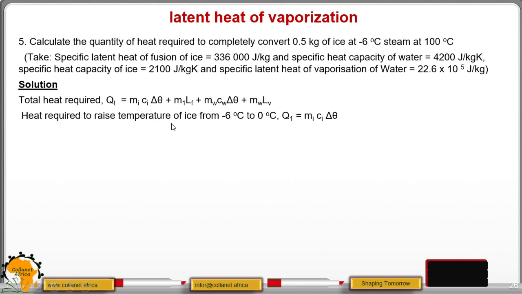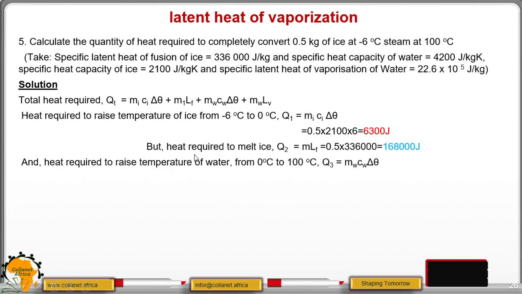Now, the heat required to raise the temperature of ice from -6 to 0 degrees will be given by Mi, that is the mass of ice, times the specific heat capacity of ice, times the change in temperature. When you multiply 0.5, the mass of ice, by 2,100, then by the change in temperature from -6 to 0, you get 6,300 joules.